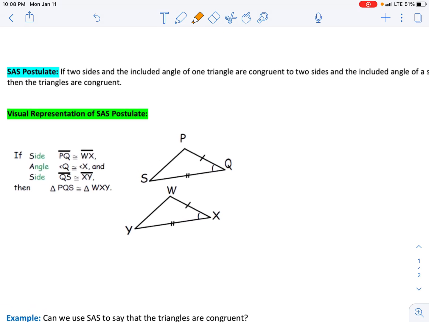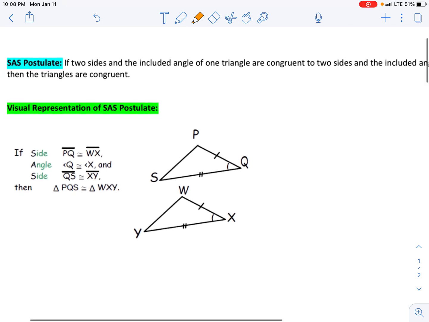Okay, so let's look at a visual representation to help us get a better picture of what the statement is actually saying. Here we notice that side length PQ is congruent to side length WX.